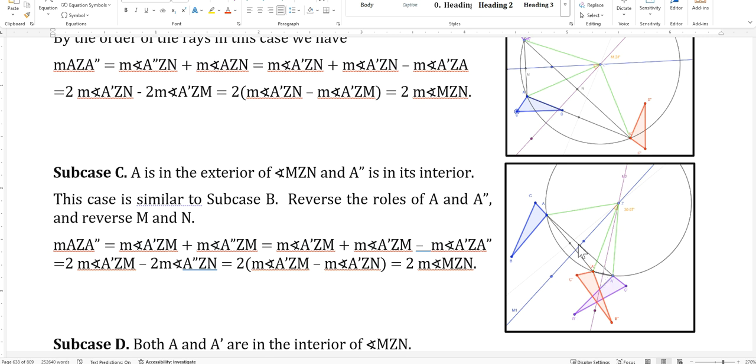So here's M to Z to N. A double prime is in the interior. A prime, A, the original A is in the exterior. Okay, that's what we want. So we take A to Z to A double prime here. That's from here to here to here. Isosceles triangle again, bisected by the mirror line, the original one, the blue one here. Okay, that's the angle we want to know.